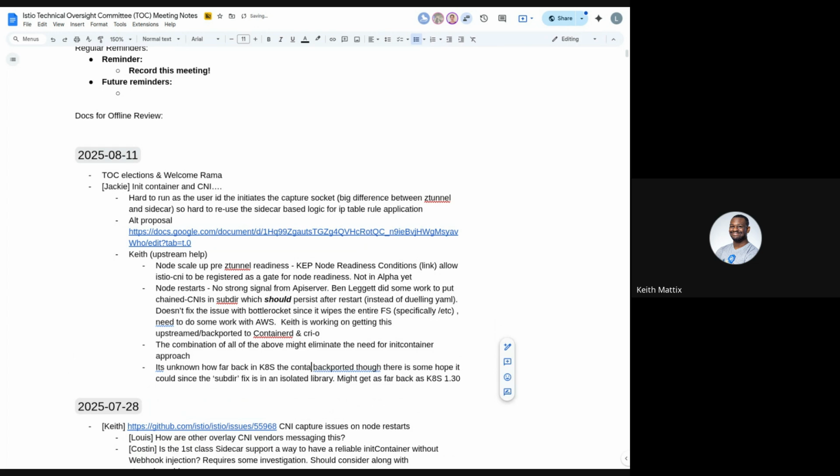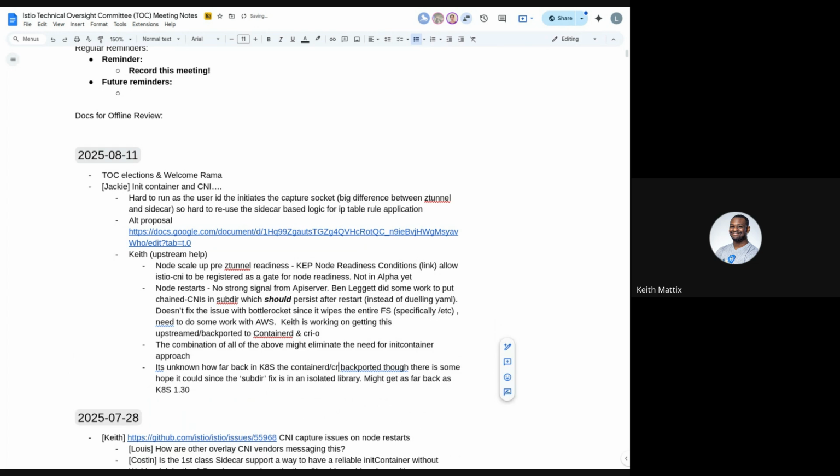Yeah, we test for really ancient versions. I think we still test for 123. So this wouldn't necessarily be for every single person we support, which is why we still need the health check approach. But moving forward, we could lean on this more, assuming the backports go well.